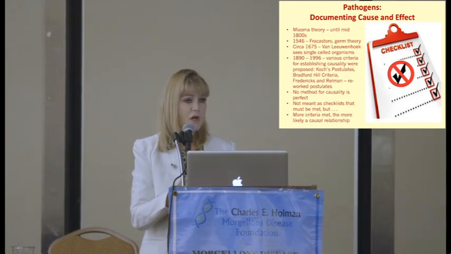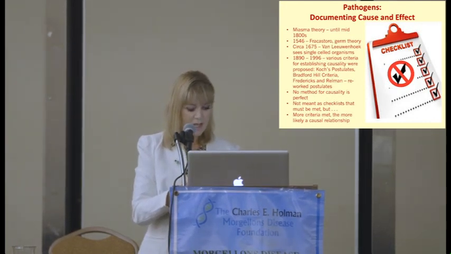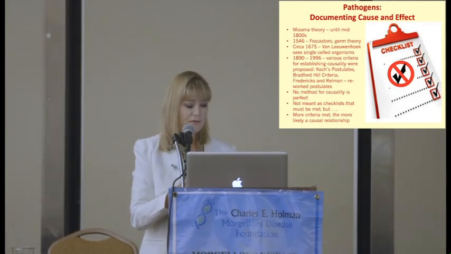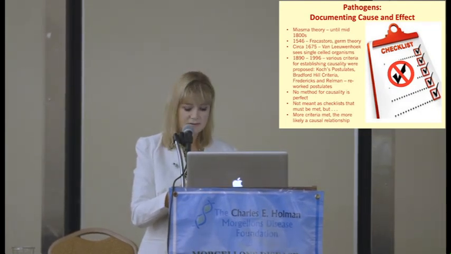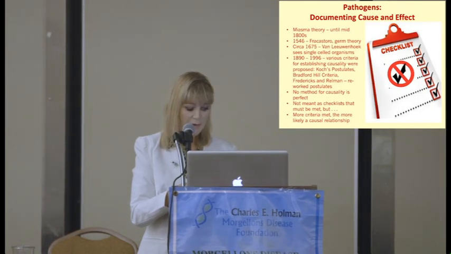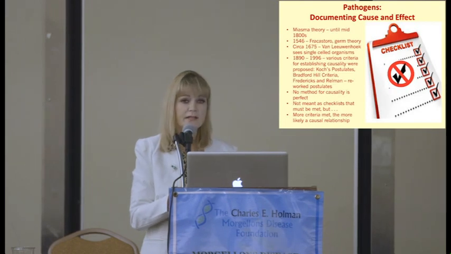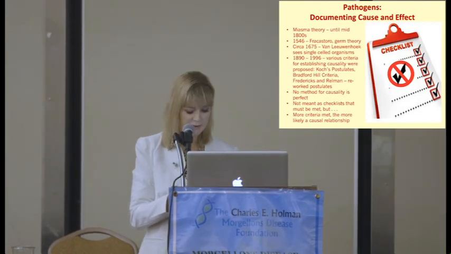But in fact, no method is perfect. An organism might not meet all these criteria and yet may still cause disease. However, the more criteria that can be met, the more likely there is to be a causal relationship.